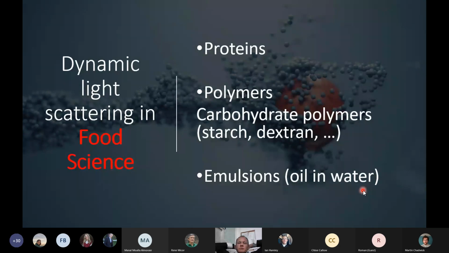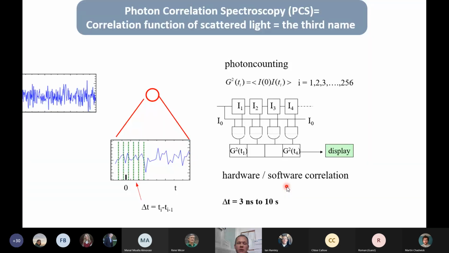Any polymers, including carbohydrate polymers like starch, dextran, whatever, can also be studied by dynamic light scattering. They are in a nanosize range, and dynamic light scattering can give you the diffusion coefficient of these particular polymers. And of course, emulsions can also be studied by dynamic light scattering.